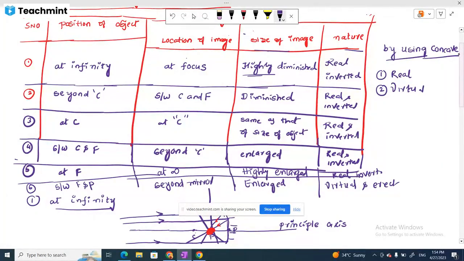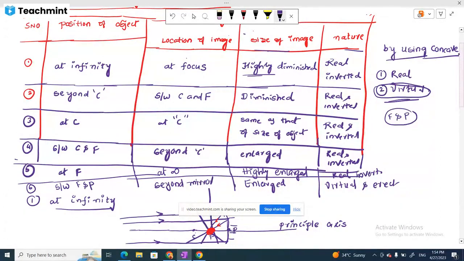We can form all sizes of images. In the virtual case, we definitely should place the object between the focus and pole. Then the image formed is a virtual image behind the mirror.